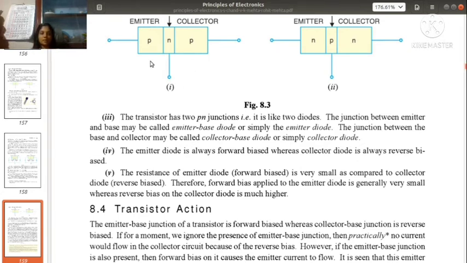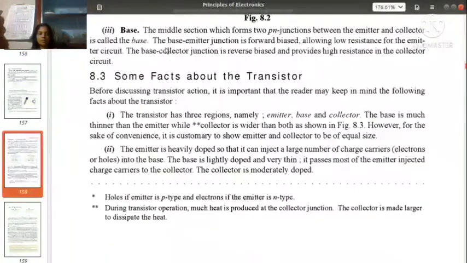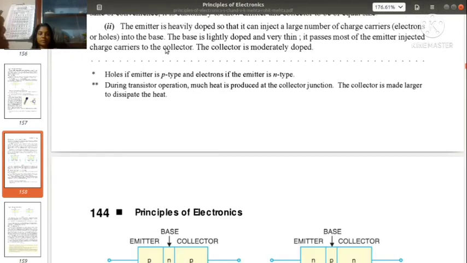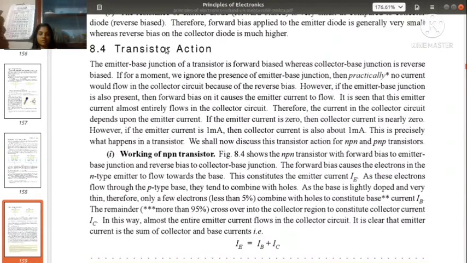So for a low resistance region a very small bias is needed, and for the collector base junction, which has very high resistance, a large bias is needed.